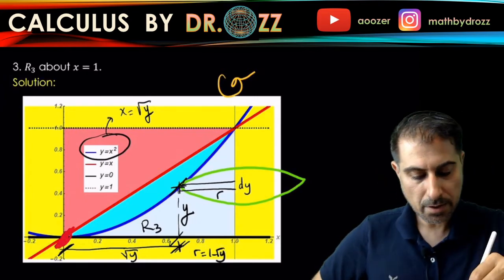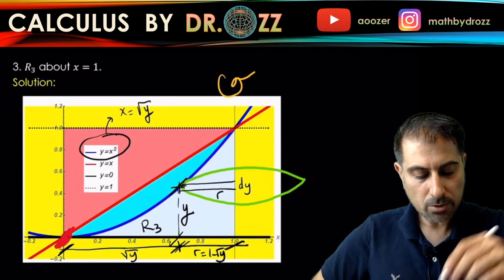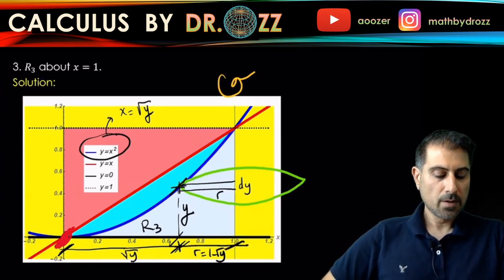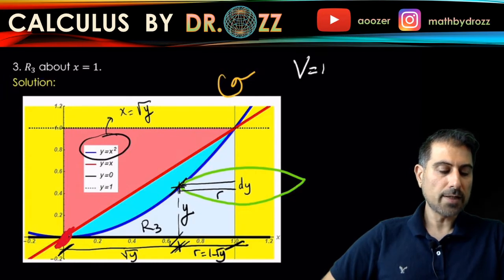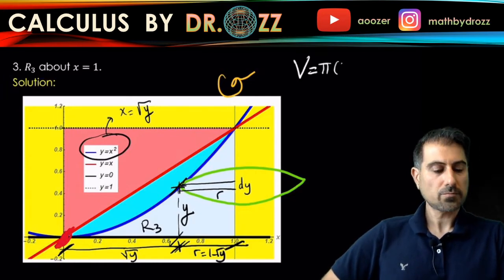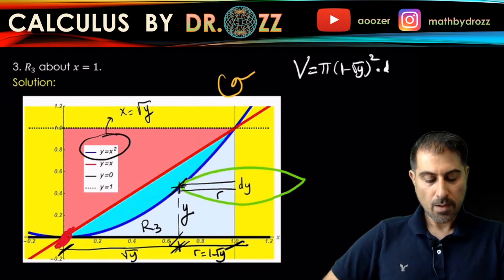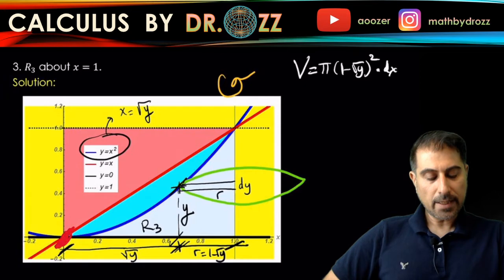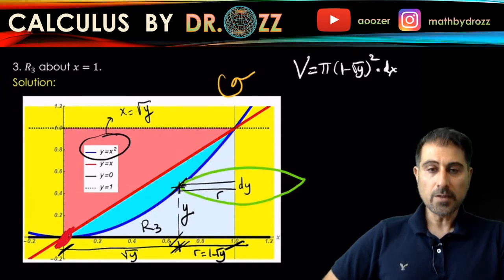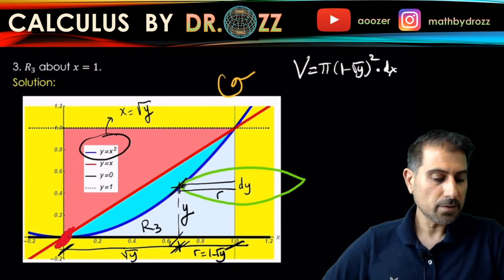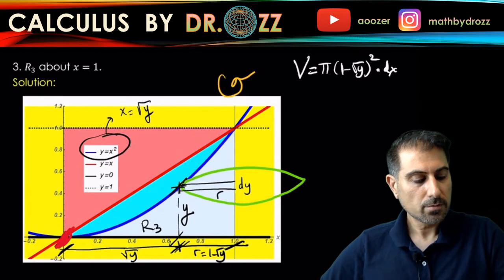All right, so I'm going to write down the volume of the representative disk to be pi times (1 minus radical y) squared times dx. And check that out, within that light blue region, R3, x's are ranging between 0 and 1, as well as y's. By the way, this should be dy, I'm sorry, I just said it wrong, because the thickness is dy.